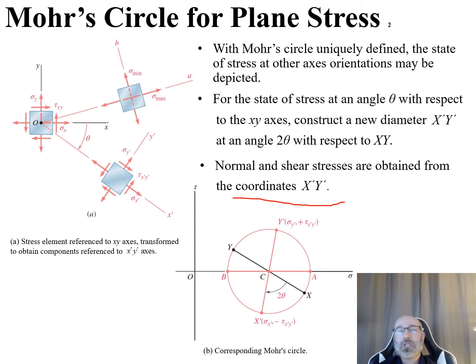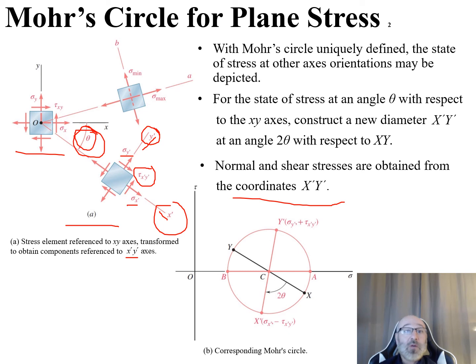Going back to our diagram in part A, we can see if we rotate this standard XY coordinate system for our stress element to these new X prime Y prime axes, we rotate it by this angle of theta. Now we see there's our X prime and our Y prime coordinate system. There's our sigma Y prime going in our Y prime direction and our sigma X prime going in our new X prime direction. And now we have our tau X prime Y prime on that stress element.